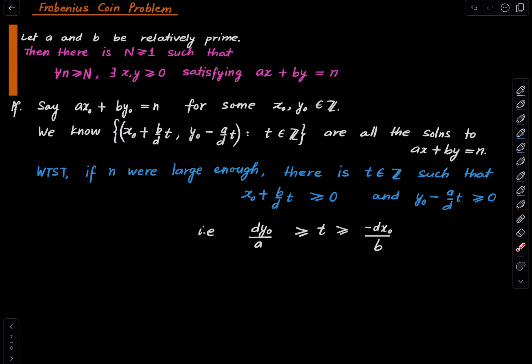Okay? And now here is the point. Note that these x0 and y0 depend on n. N is nowhere to be seen here, but x0 and y0 depend on n. So we want to show that if n were large enough, then there is some integer t sandwiched between these two real numbers. Suppose we are given two real numbers and are asked if there is an integer between them. In general, it is a hard question. But suppose we know that the distance between those two real numbers is at least 1.